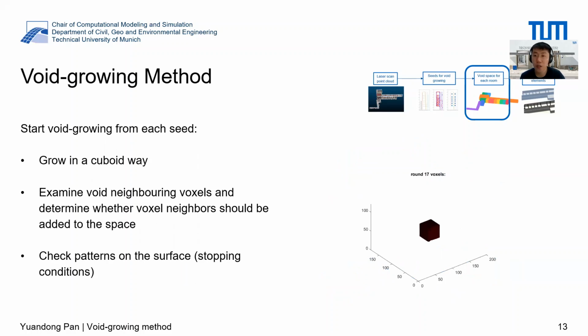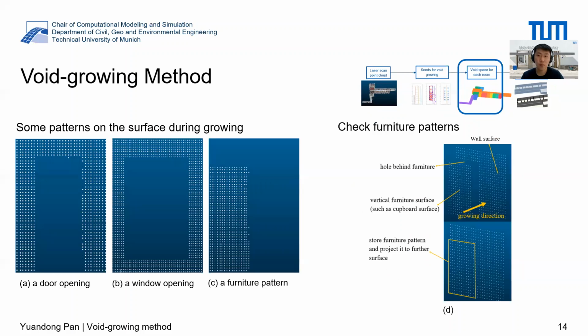You can see from this GIF, during the growing process, sometimes it stops growing in one or two directions, but continues growing in another direction. When it stops growing in all 6 directions, we check the patterns on the stopped frontier again.